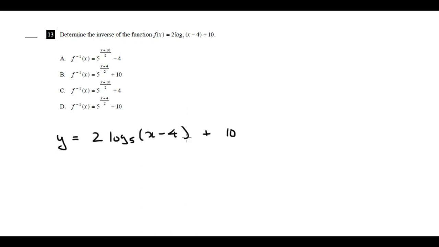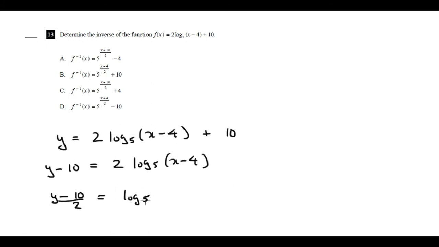And now we'll get our log by itself first, so we'll say y minus 10 is equal to 2 times this logarithm, base 5 of x minus 4, and then we'll divide both sides by 2, so we'll have y minus 10 all over 2 equals log base 5 of x minus 4. So I think I'll just go up here and continue my writing so I can see my options here. So we now have, I guess, the key step in all this exponential logarithm business, which is to rewrite this in exponential form.